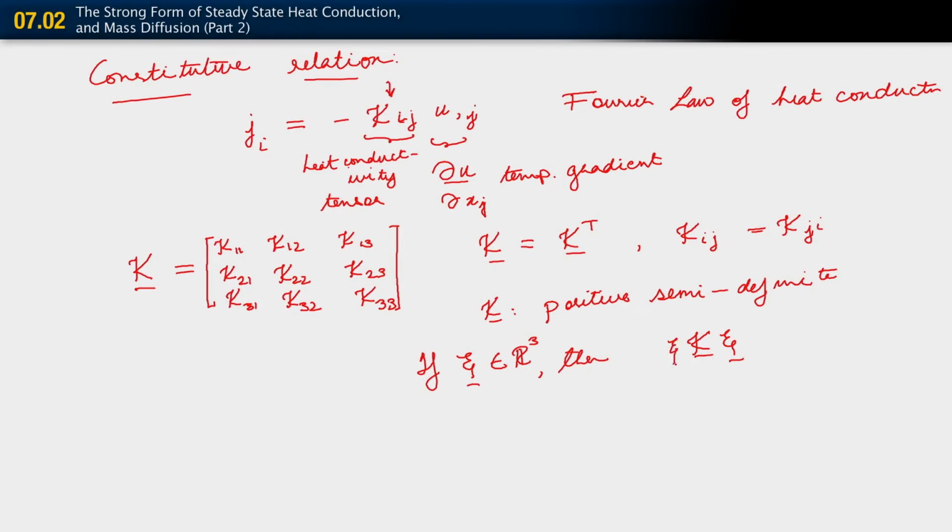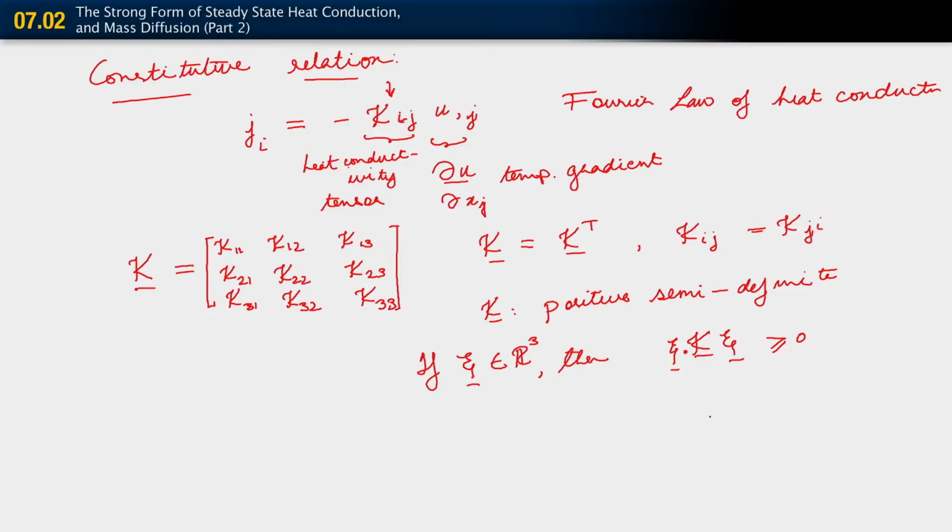If we dot that vector with C, so C dot kappa C is greater than or equal to 0. If C is a vector, C dot kappa C is greater than or equal to 0.